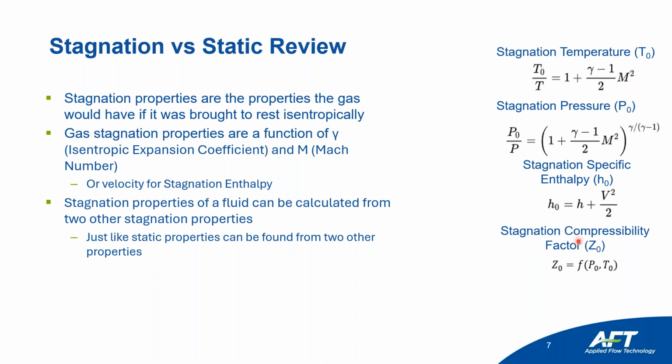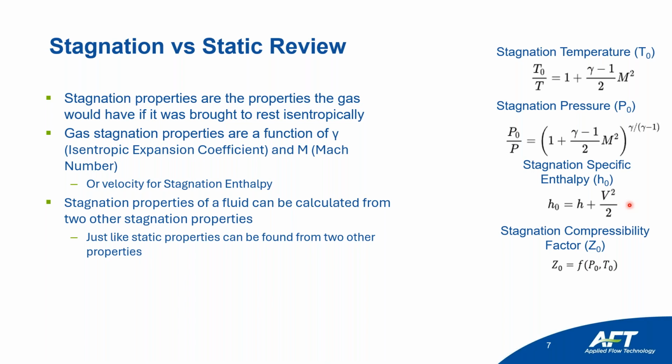Gas stagnation properties are a function of the isentropic expansion coefficient and Mach number. Or for the simplest one, stagnation specific enthalpy, or stagnation enthalpy with respect to mass, is just the static enthalpy plus a function of velocity. So plus velocity squared divided by 2.